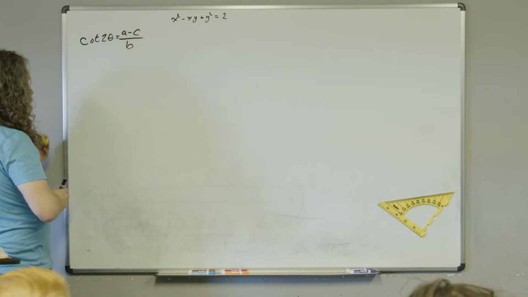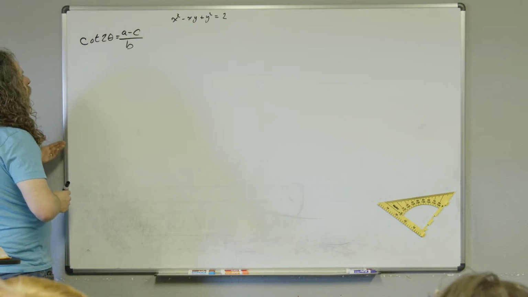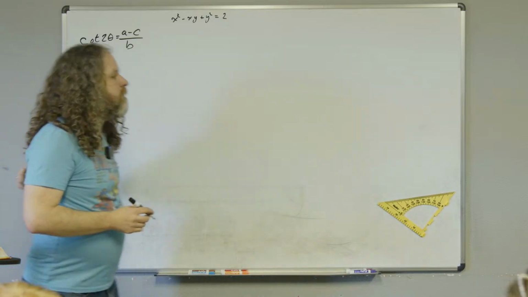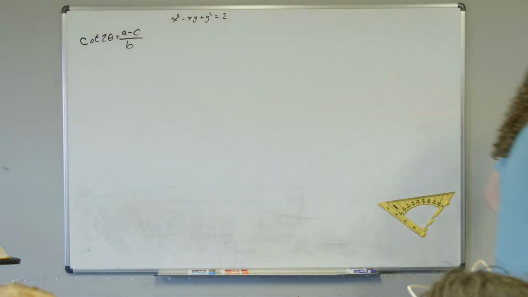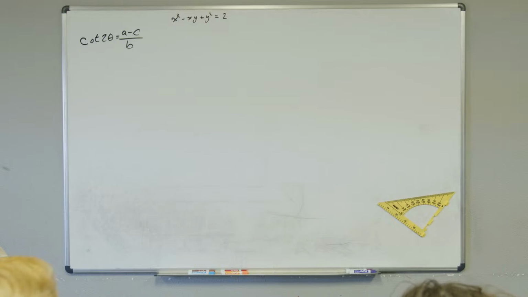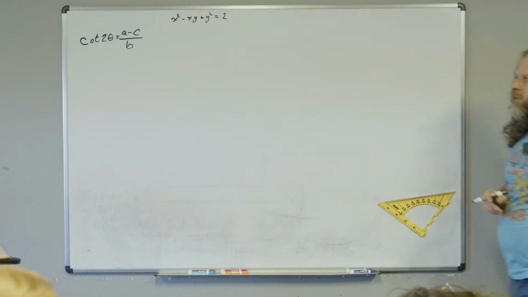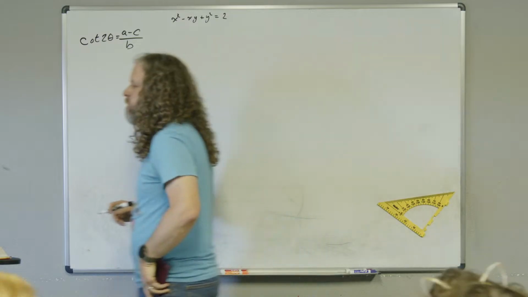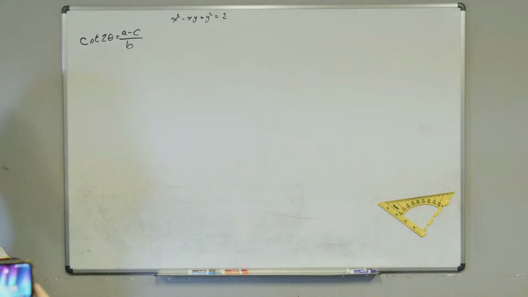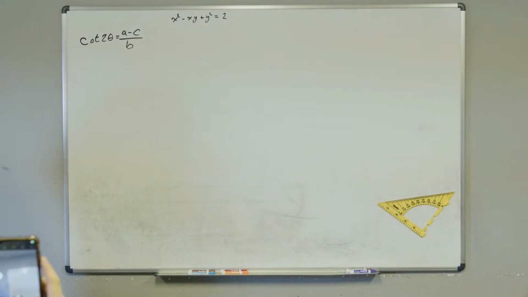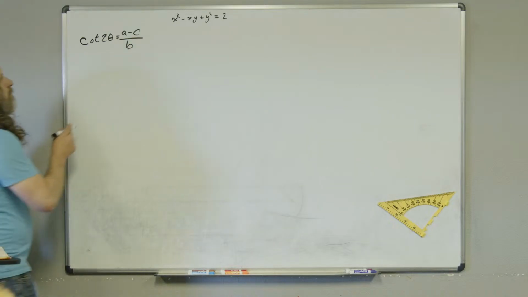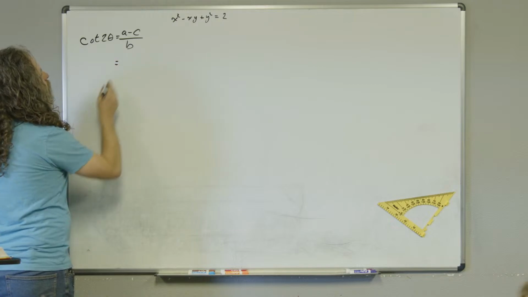Is this the double or the half angle? So this is the formula that gives us the angle. Plug in the A and the C and the B. What's A? 1.